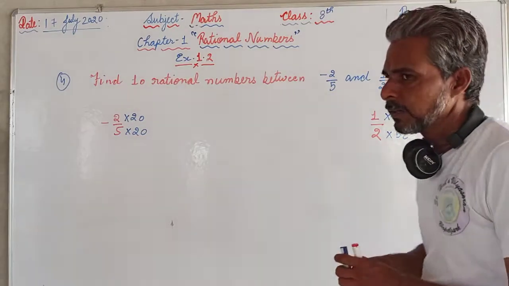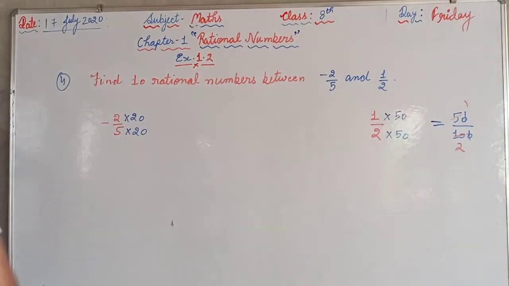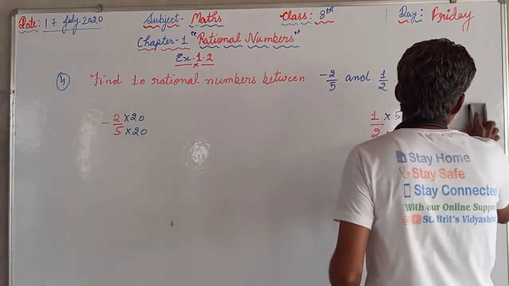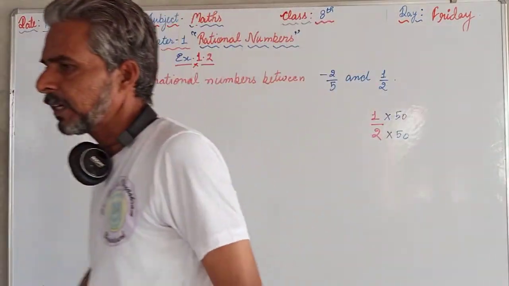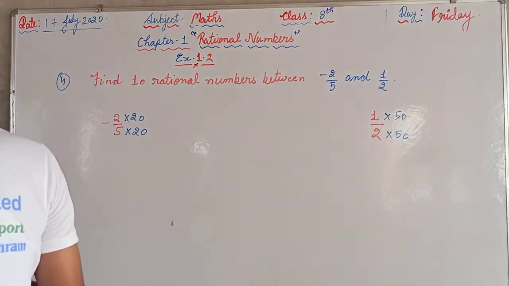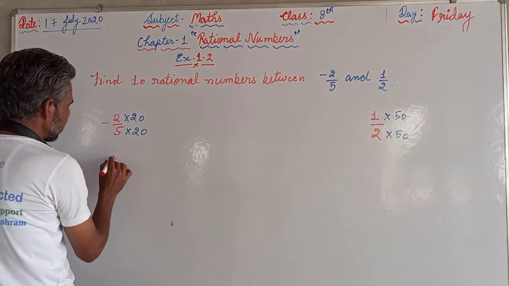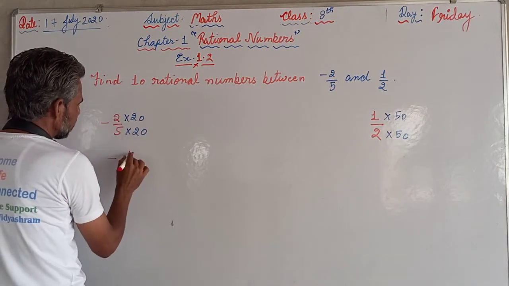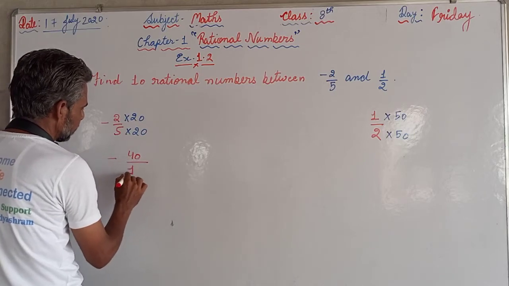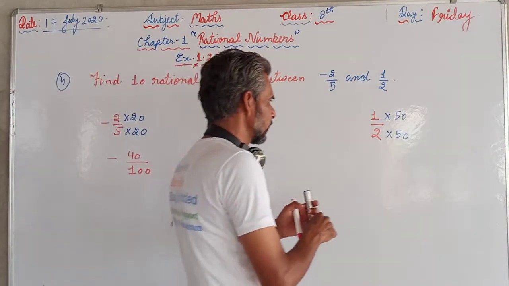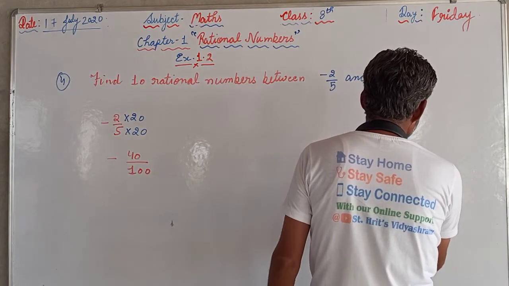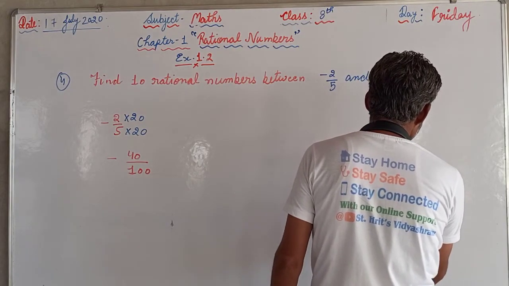We will get 1/2, means the value is still the same. What is the benefit of that? Now we can write downwards: minus 2 times 20 is 40 upon 100. This side it is 50 upon 100.